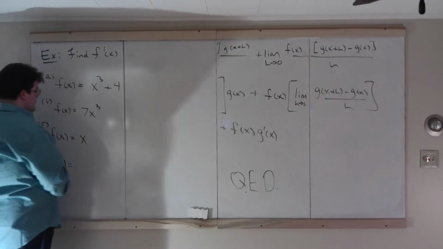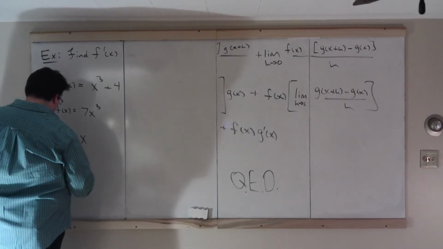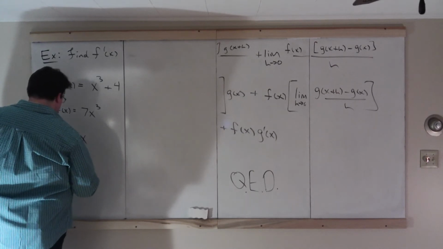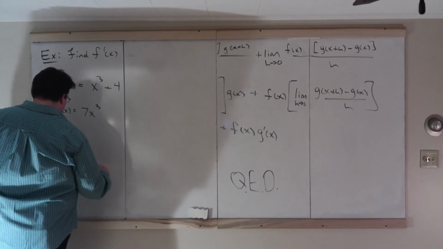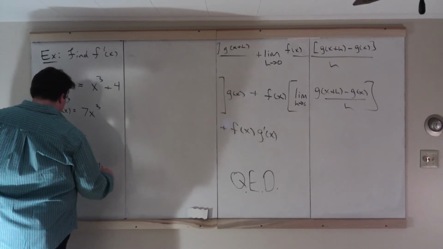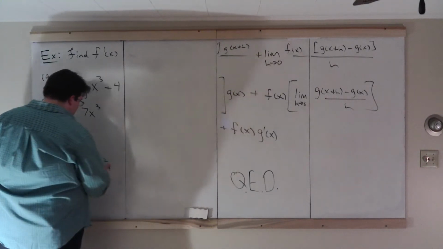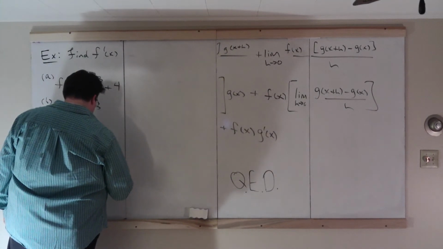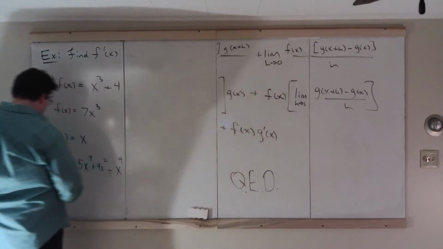So we didn't prove for other exponents. Let's assume that that doesn't hold for other exponents. Let's do 5x to the 7th plus 4x to the 2 minus x to the 9.